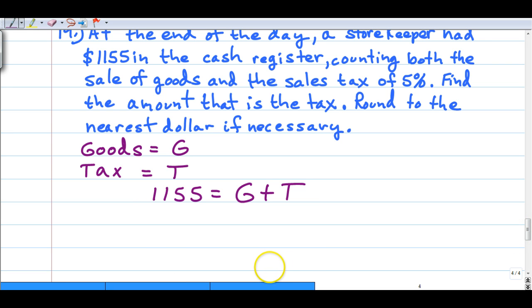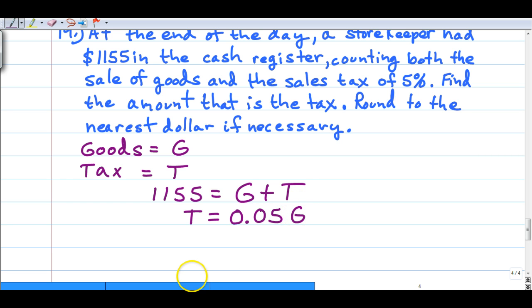We have a second one in here. If we look, we know that the sales tax is for 5%. Tax is calculated as being the goods times the percentage. Well, we know that the percentage is 5%. We'll put that into a decimal form, 0.05 times the goods.